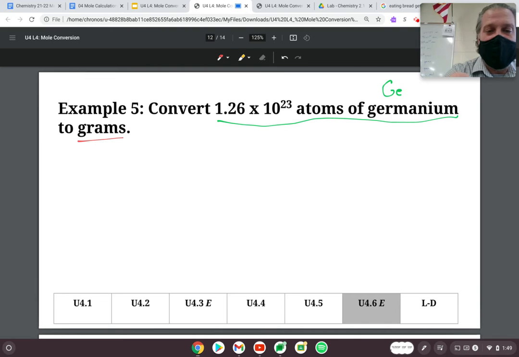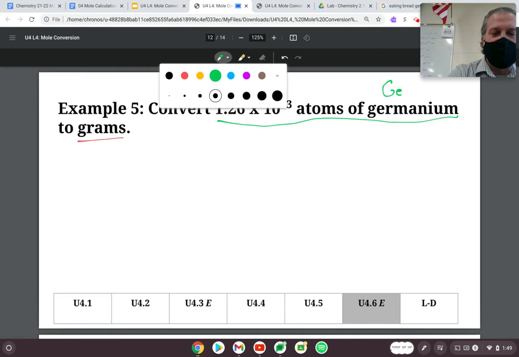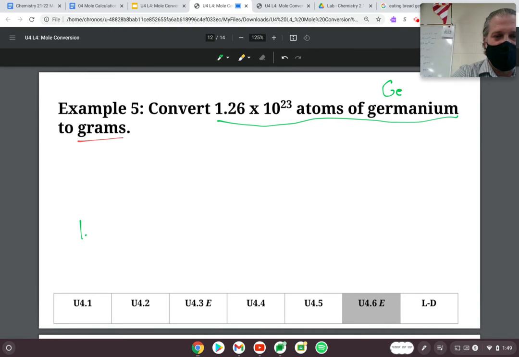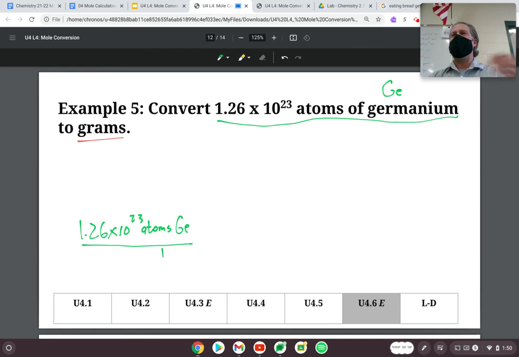Just like we did yesterday, I'm going to take my given information, which in this case is 1.26 times 10 to the 23rd atoms of germanium, and put it over 1. Now, I'm going to go back up to that graphic for a second.